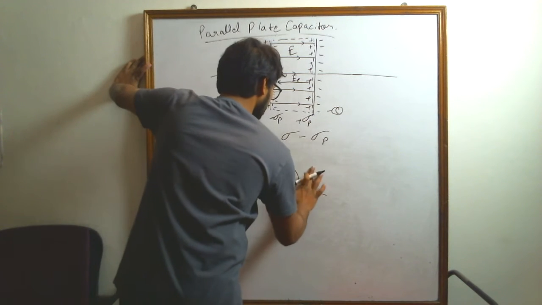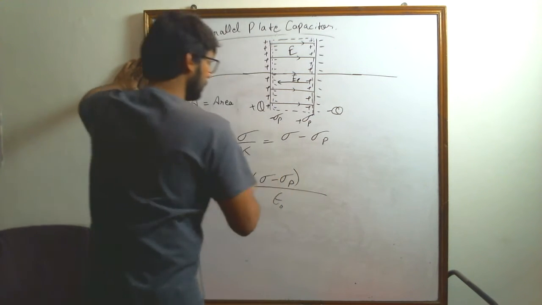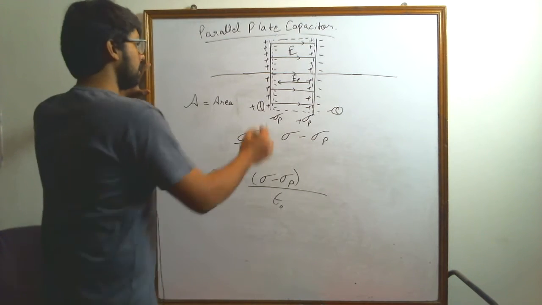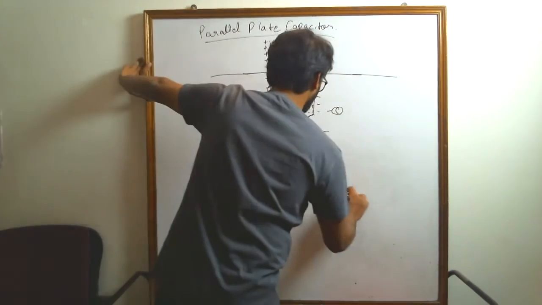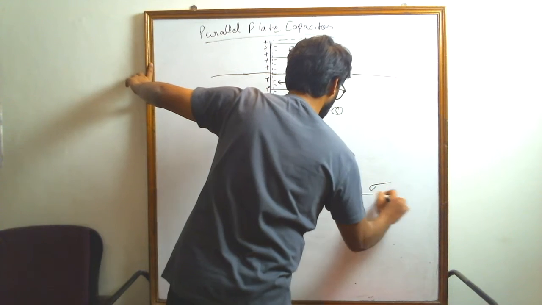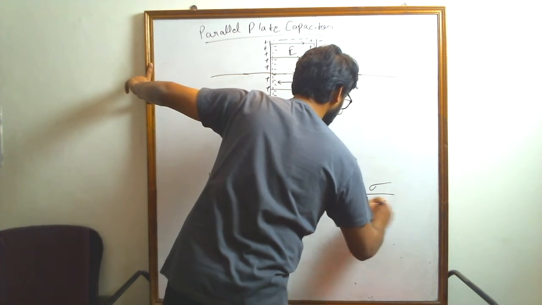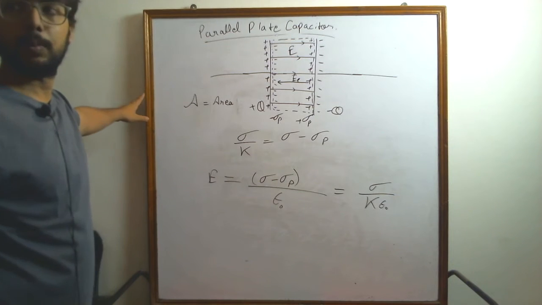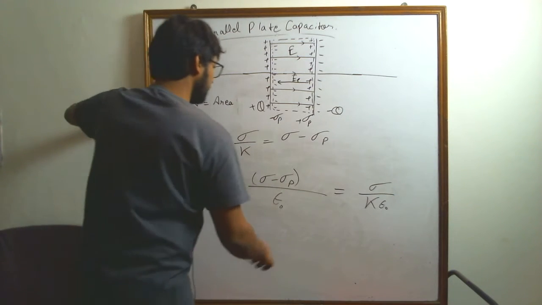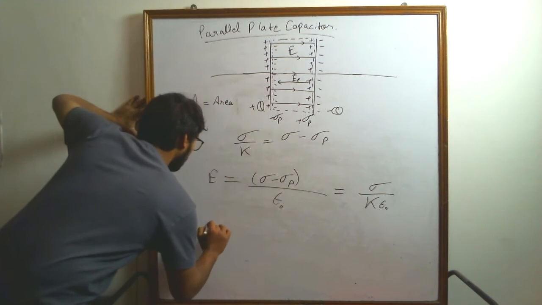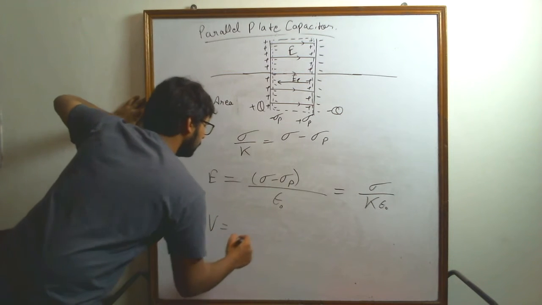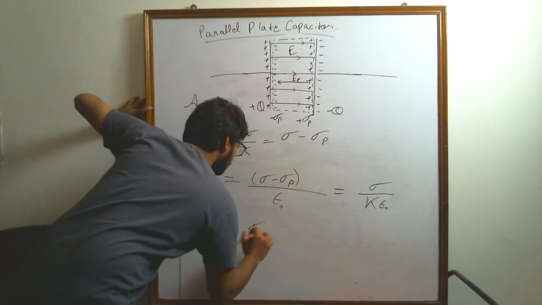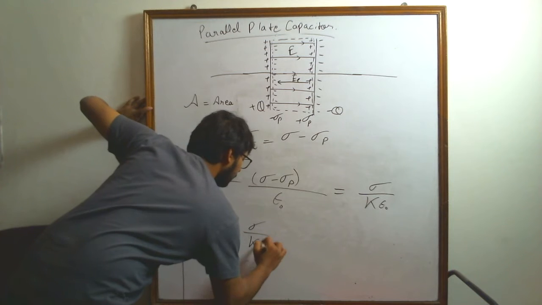Sigma upon, sorry, this will just be this, because that was the electric field over here. So I can write this as sigma upon k into epsilon naught. Now the V will be this into D.